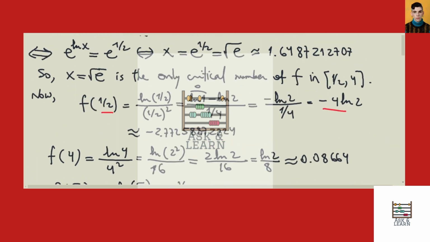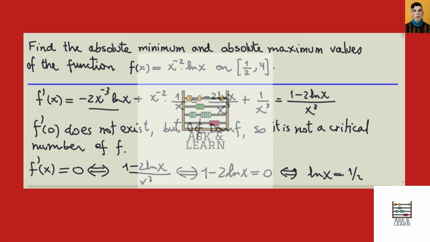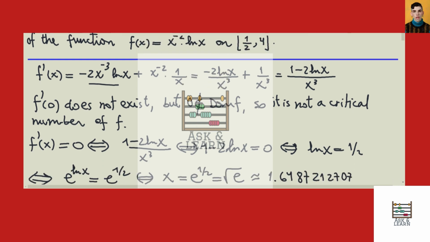And we remember what we did here. We first recognize that this function is continuous over the closed interval, so it attains its extreme values at that interval. And knowing that those extreme values are attained either on the endpoints of the interval or at critical numbers of the function, we calculate the first derivative of f and see if there are values in the domain where the derivative is not defined, and it's not the case here.